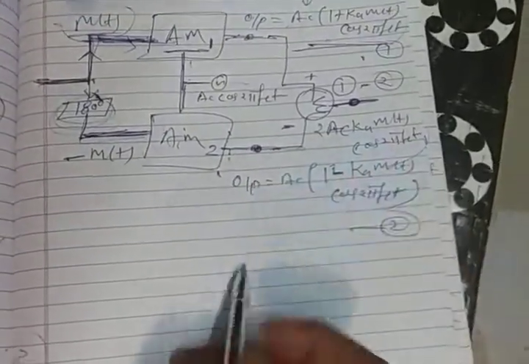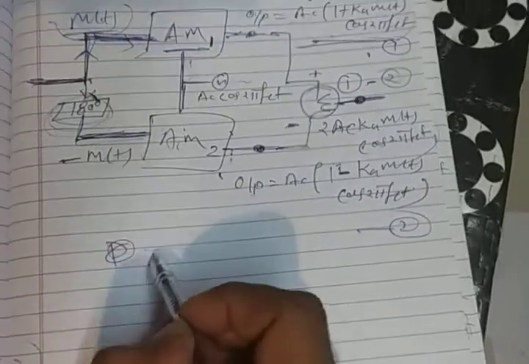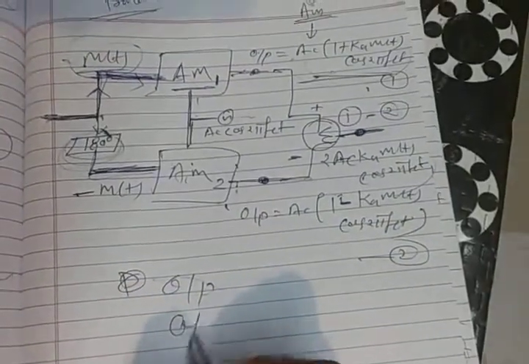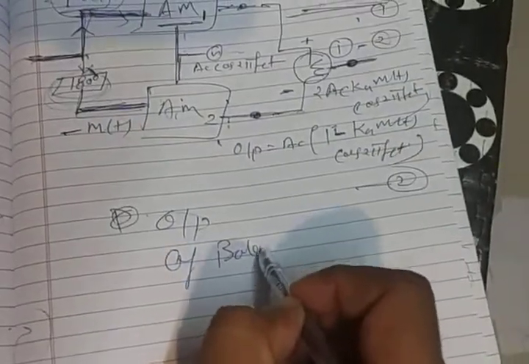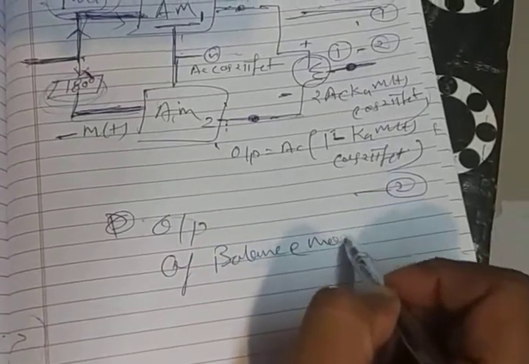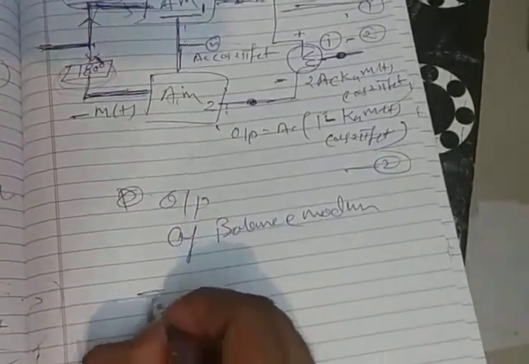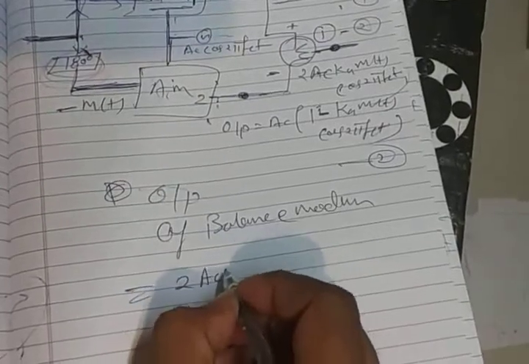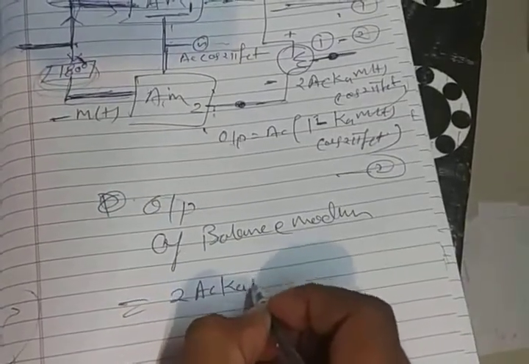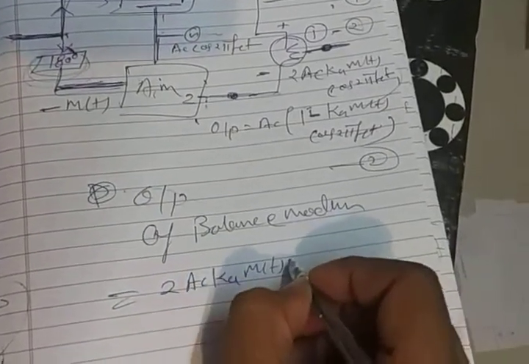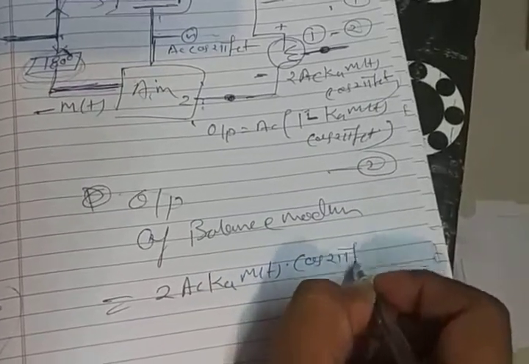Okay, so the output of the balanced modulator is equal to Ac Ka m of t into cos 2 pi fct.